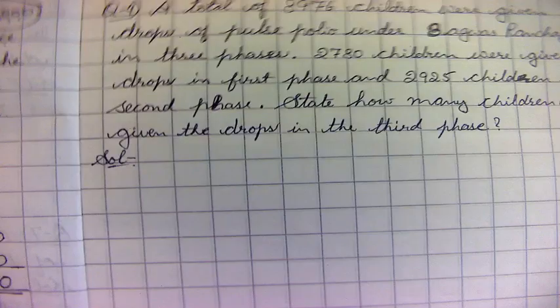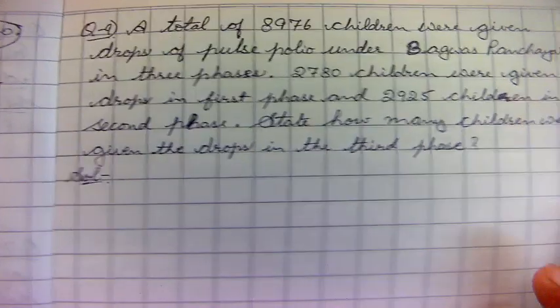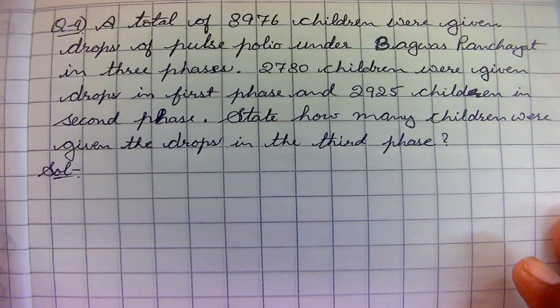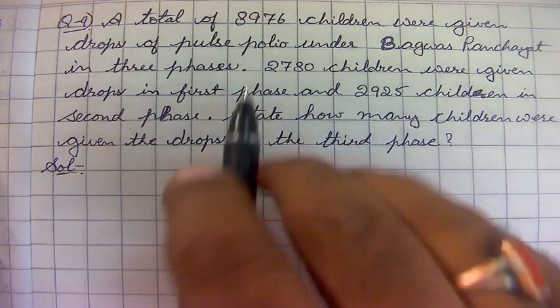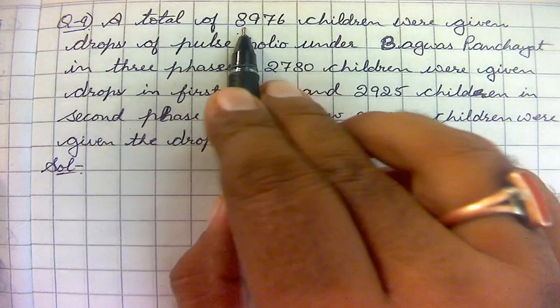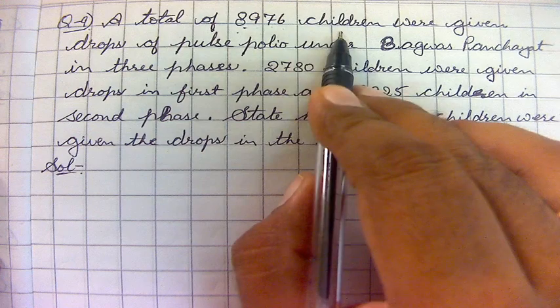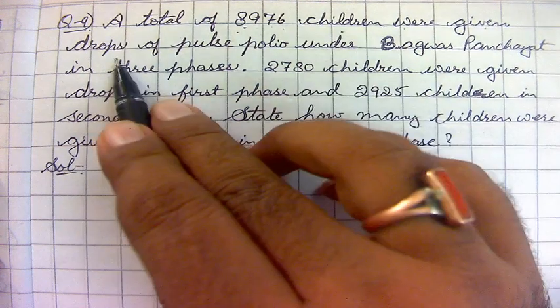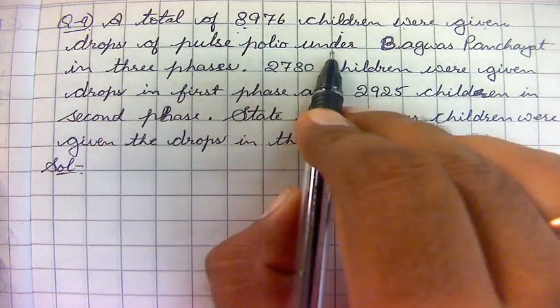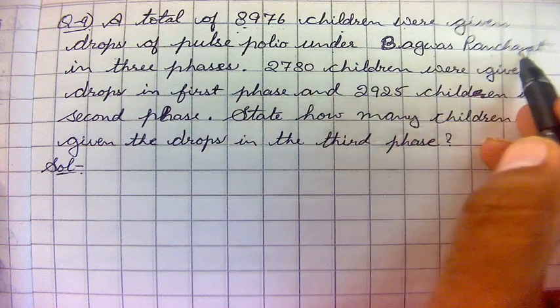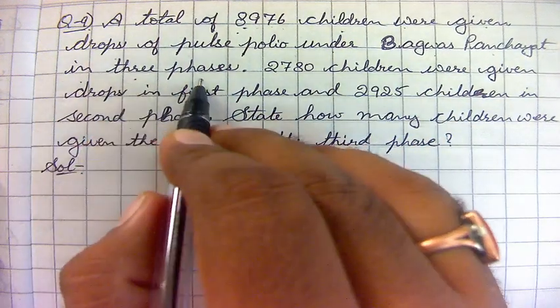Now there is one more question in this. Question number 9. Let us go through that question also. The question says, a total of 8,976 children were given drops of pulse polio under Bagwas Panchayat in 3 phases.